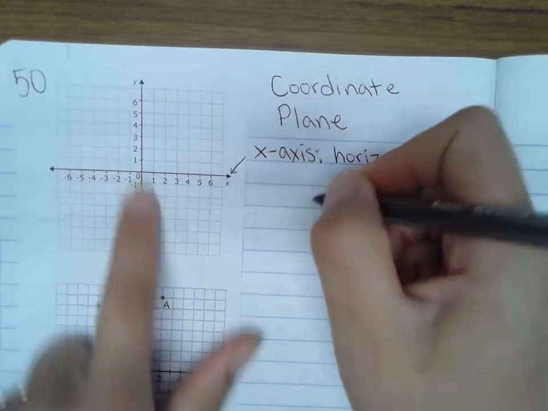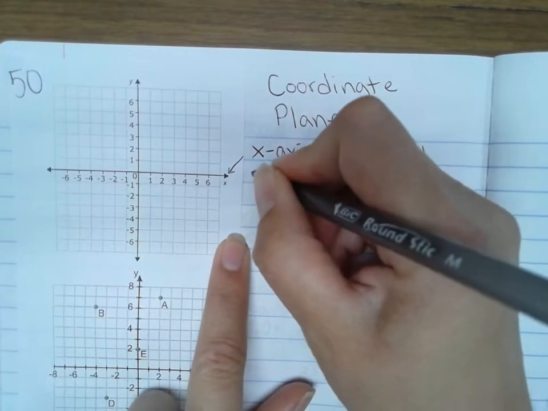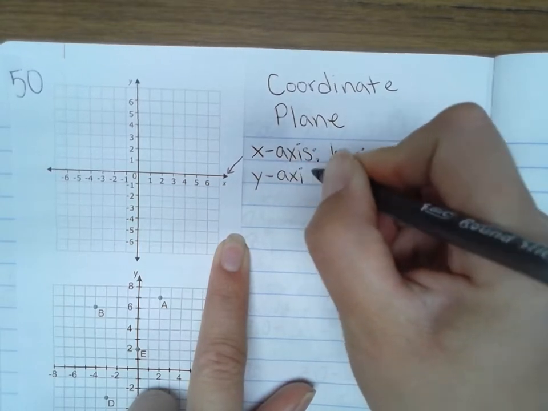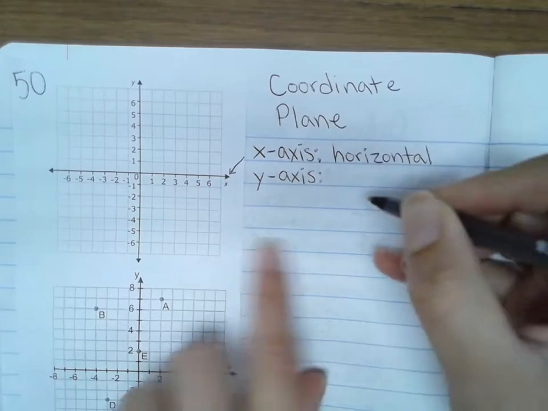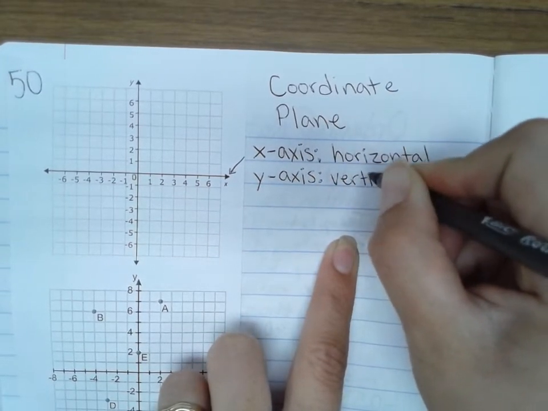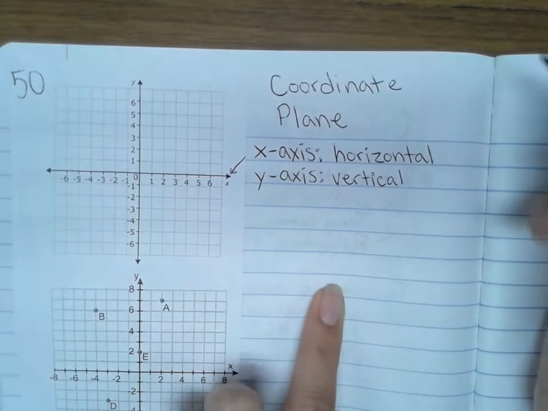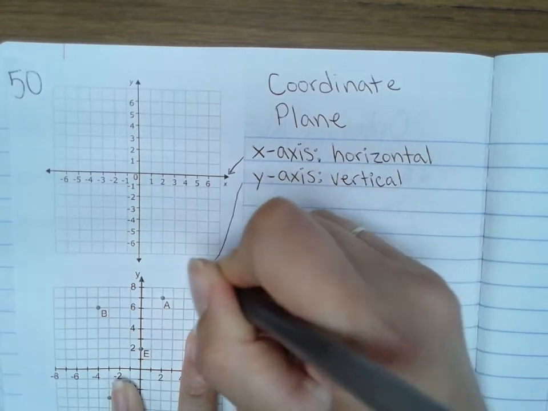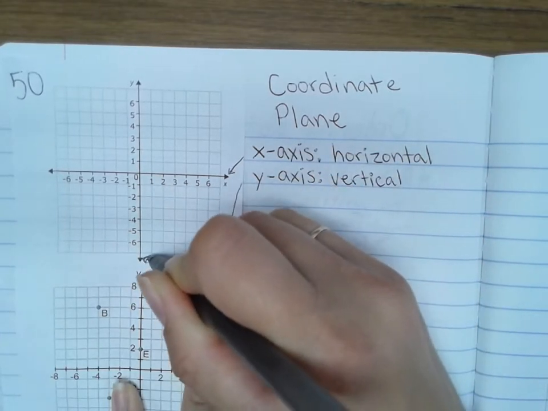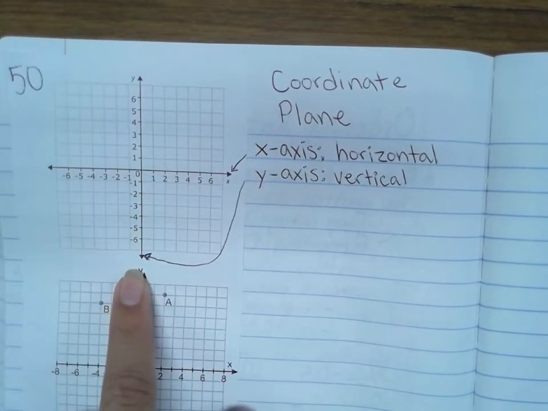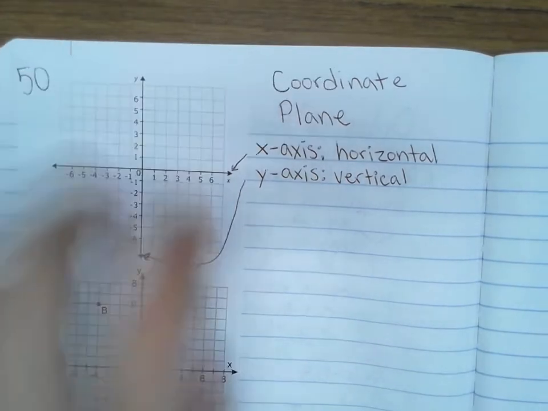Okay, the second one, the vertical one, is called our y-axis. And for that one, let's just write vertical. And it would be this one. So we have our x-axis and a y-axis. When they're laid over top of each other, now we get what we call the coordinate plane.